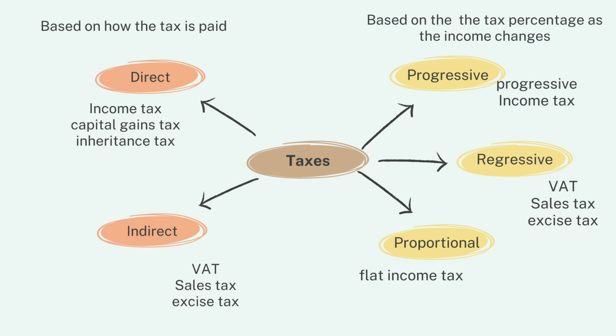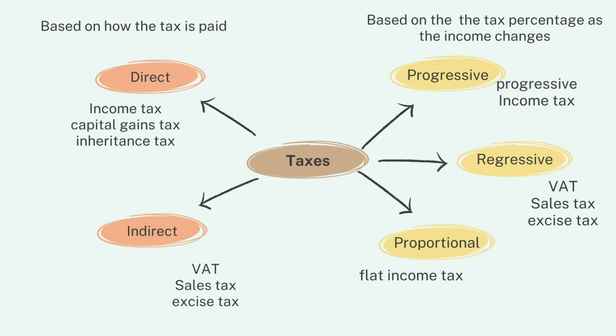Direct is where the individual or the organization is directly paying the taxes to the government. For examples, income tax, capital gains tax and inheritance tax. Indirect tax is where the individual or the organizations are not directly paying the taxes to the government. They are paying the taxes indirectly. For examples, VAT, sales tax, excise tax.